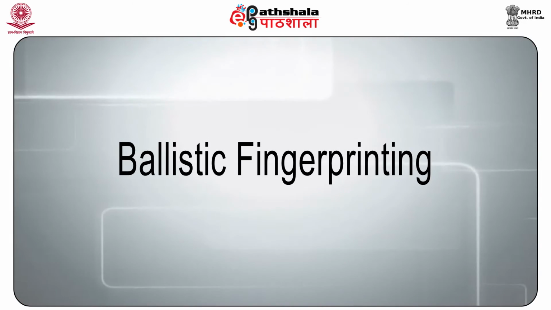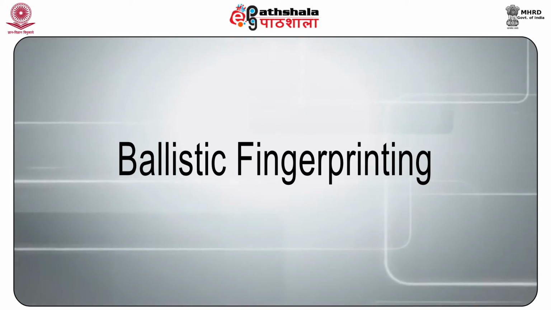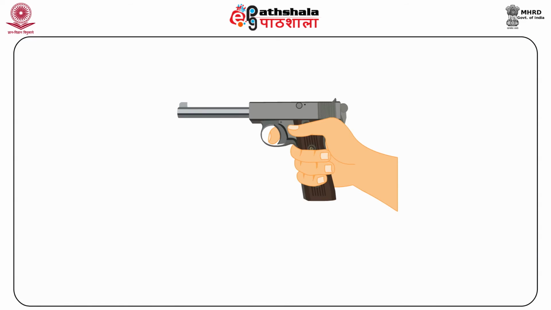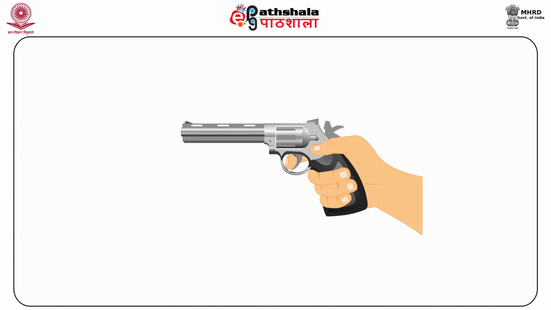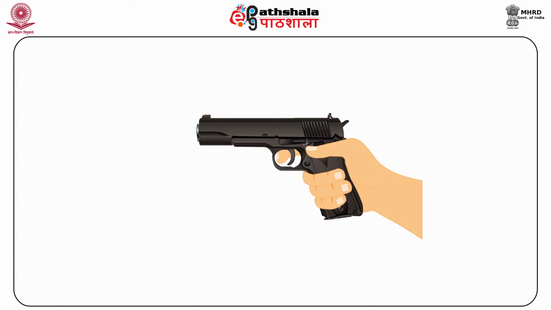Let us now discuss ballistic fingerprinting. The development of bullet and cartridge databases led to the concept of ballistic fingerprinting. Under this program, each new weapon is test fired at the factory and the cartridge is recovered.